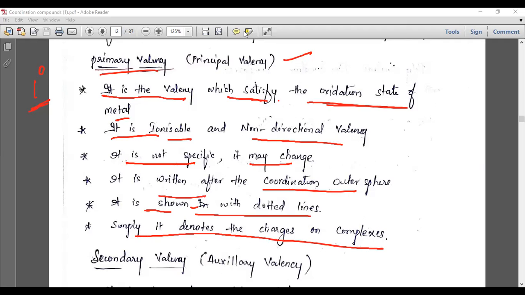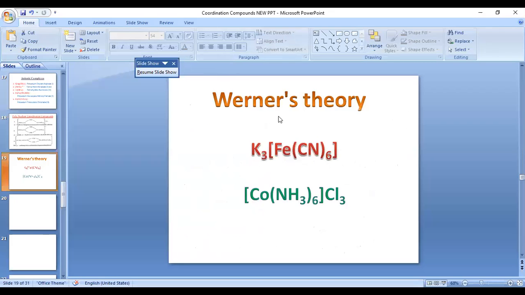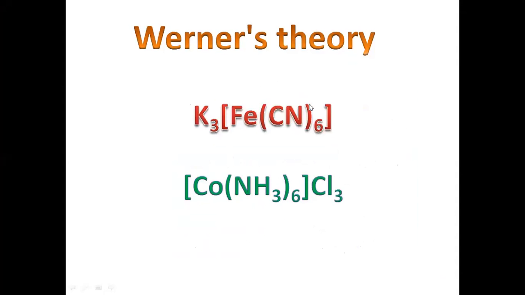Let us understand these things here. Simply it denotes the charges on the complexes. So let us understand the last one. See this, you can easily understand here. This is our complex. How can we write the charges here? Here we can write +3 and here we can write -3.